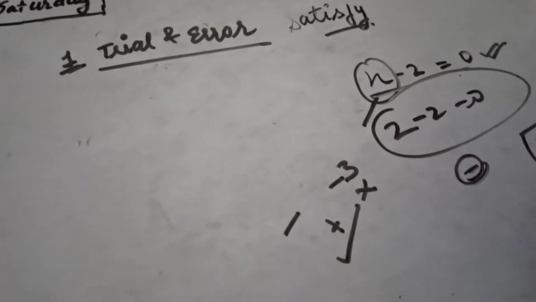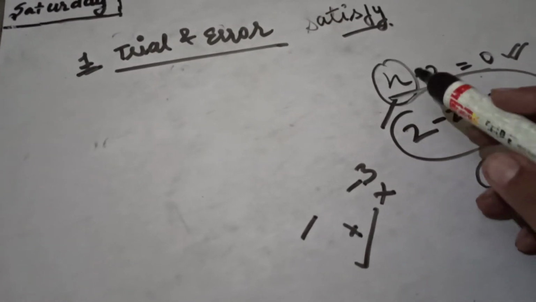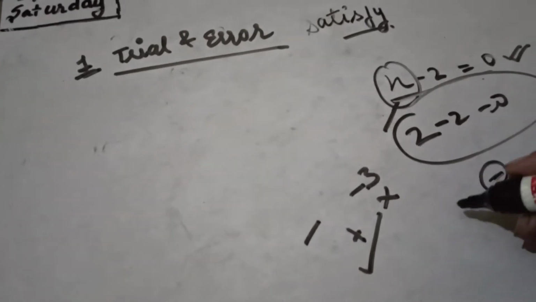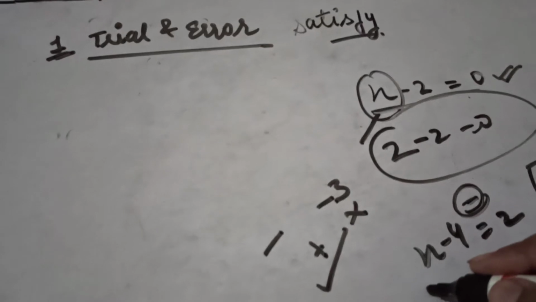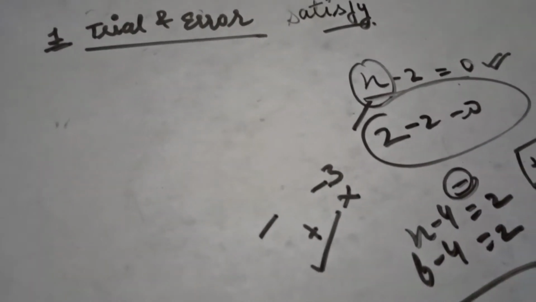Like this, I put directly plus 2. If I subtract it, then I got 0. So this is the trial and error method. Right? Like x minus 4 equals to 2.